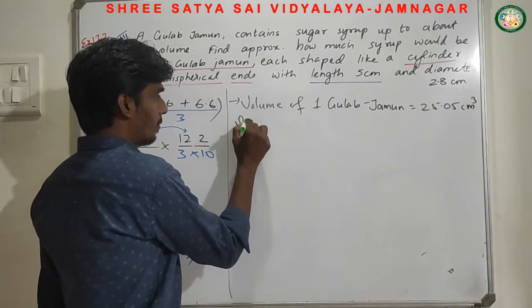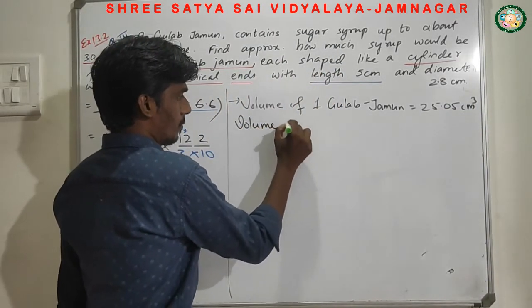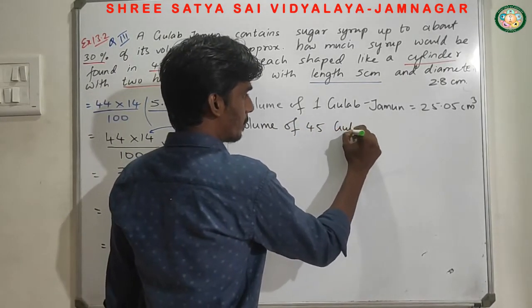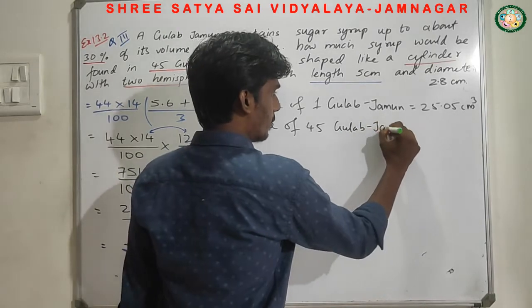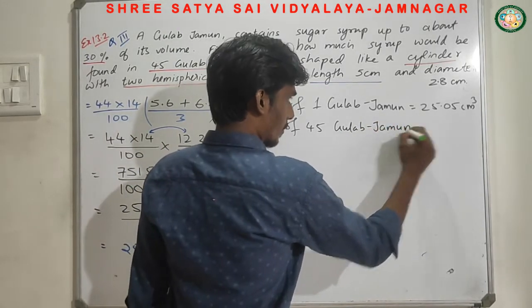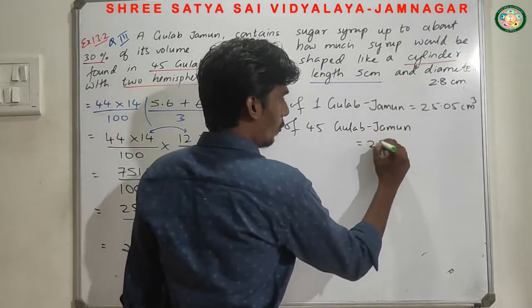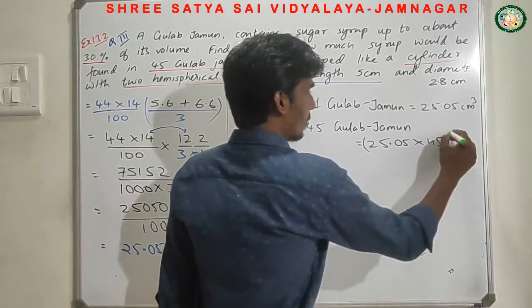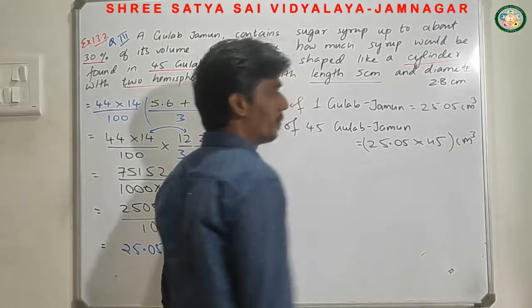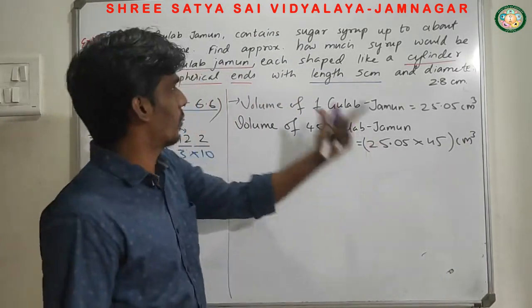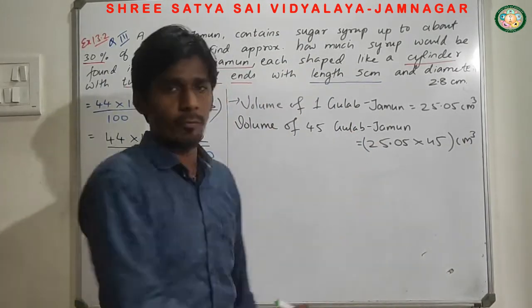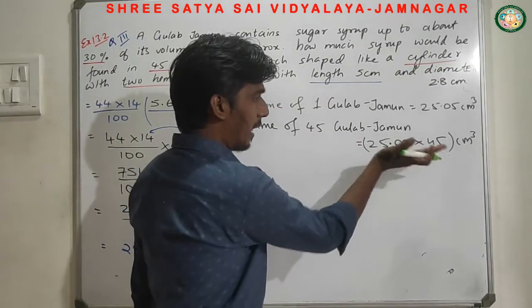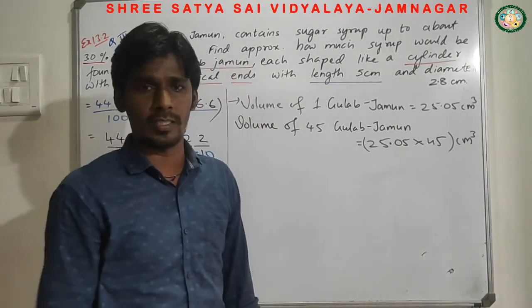Then definitely volume of 45 gulab jamun equals 2505 into 45 centimeter cube. No need to multiply this because we are not supposed to find the volume of 45 gulab jamun. I want only the amount of syrup. So I am not going to calculate this. I am going to keep the step up to this.